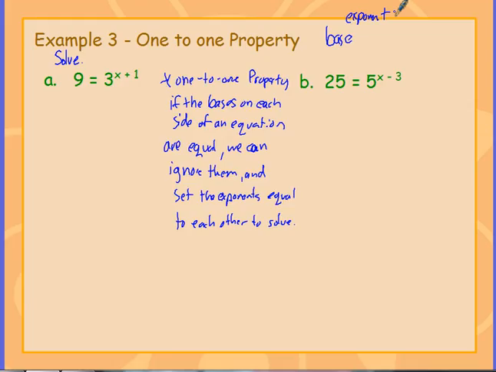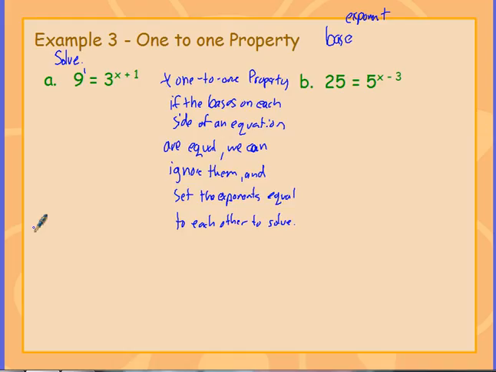What's the base on my left side? 9. Actually, what's the exponent to that right now, to the 9? If it was 0, remember, it would say 1. So it's not actually 0, it's what? 1. Does everybody agree with that? So I have 9 to the first power equals 3 to the x plus 1 power. So does my one-to-one property apply to me right now?